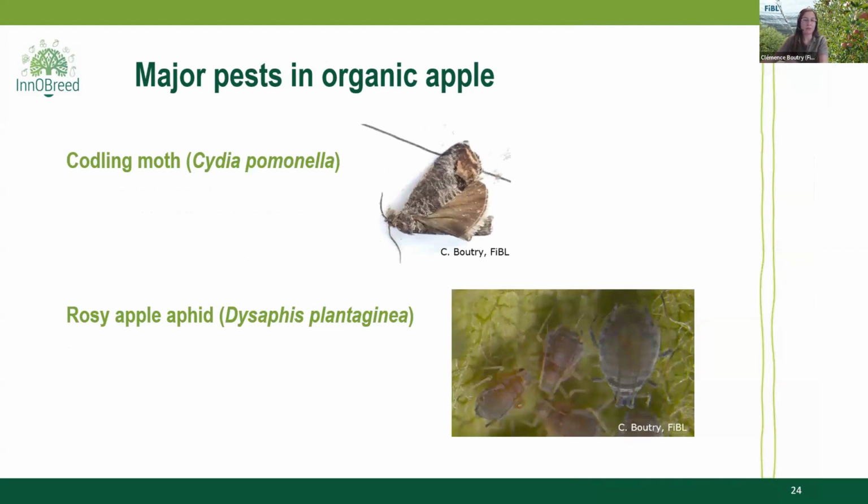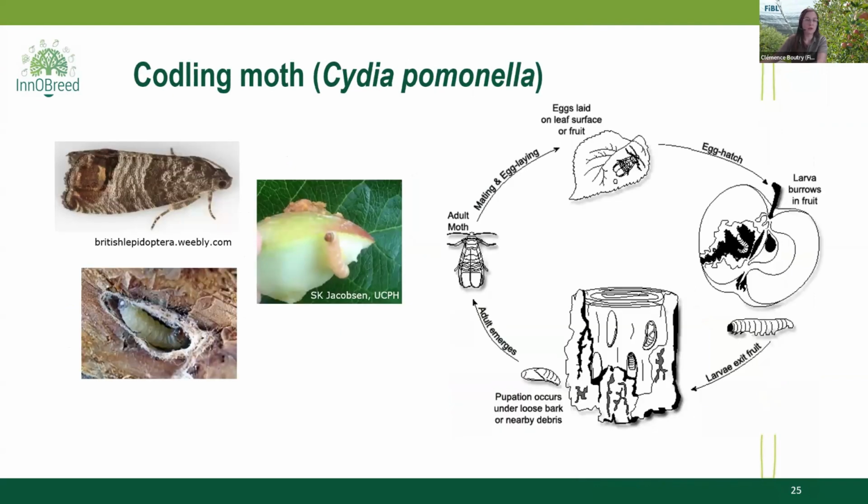Now, the two main pests in apple production or in apple variety testing are the codling moth and the rosy apple aphid. So the codling moth lays the eggs on the surface of a leaf or fruit, from which the larvae develops and enters the fruit, and this is the actual damage.